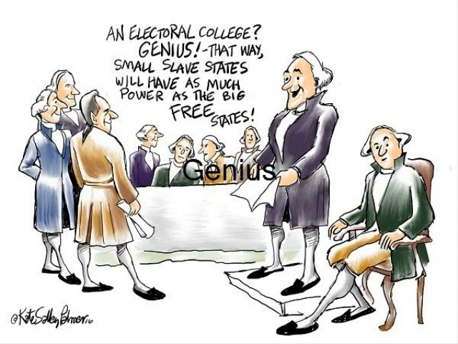Without the extra electoral votes generated by slavery, the mostly Southern states that supported Jefferson would not have sufficed to give him a majority. Thomas Jefferson, who owned hundreds of slaves, was elected president on the backs of slaves.